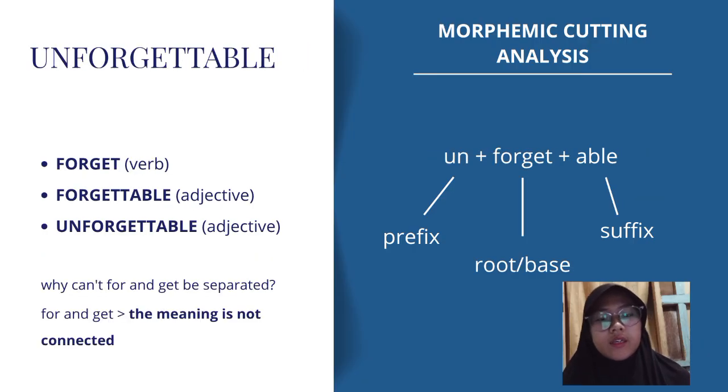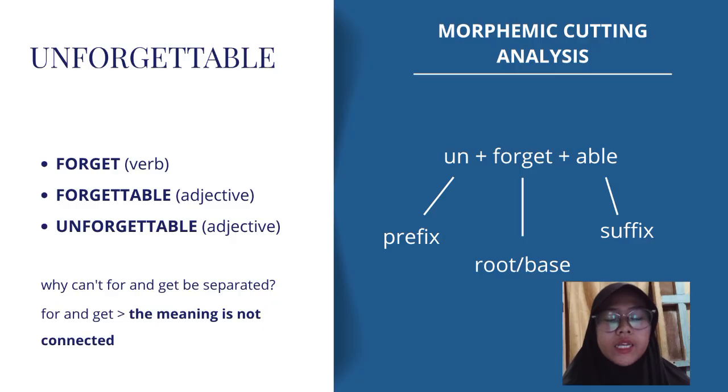Okay, next is unforgettable. The base word of unforgettable is forget, which then becomes forgettable and finally unforgettable. In morphemic cutting analysis, "un" is a prefix, "forget" is the root or base, and "able" is a suffix. The word "forget" is considered a single unit and cannot be separated into "for" and "get."